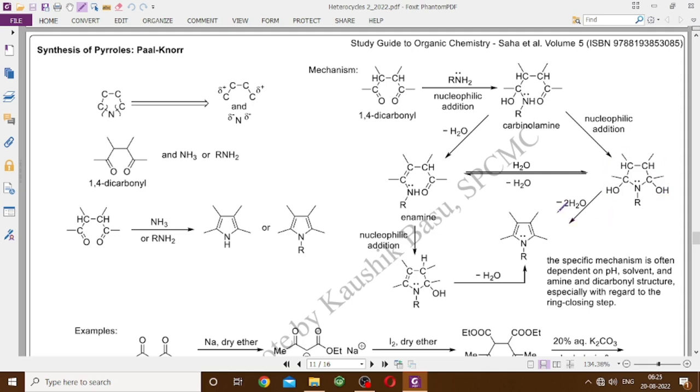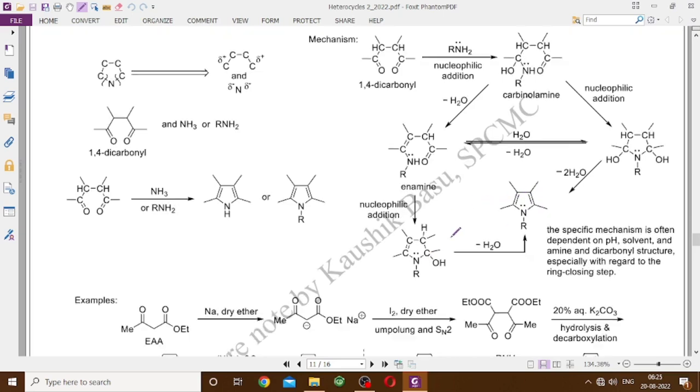The mechanism, as I have told you, will be roughly something like this, but which pathway is actually operating is dependent upon the pH, the solvent, the amine itself, and the dicarbonyl structure, especially the ring closing step, whether the nitrogen closes down the ring before losing any water molecule, or does it lose water and then closes the ring and then finally loses the second molecule of water to give you the aromatic ring. All are possibilities, all can be explored.